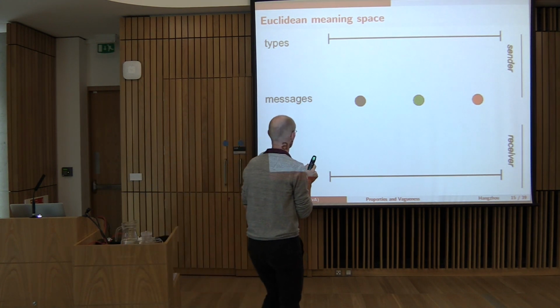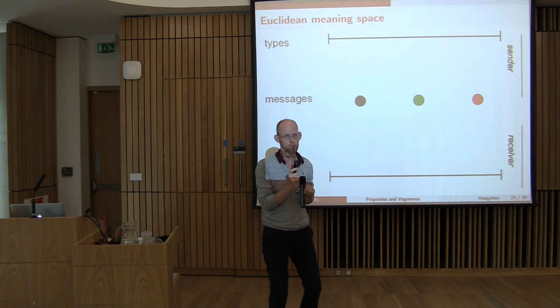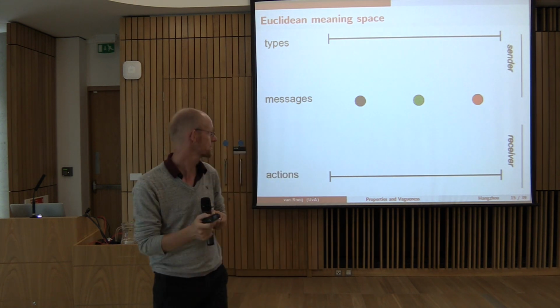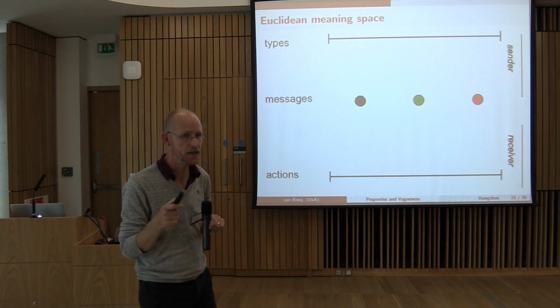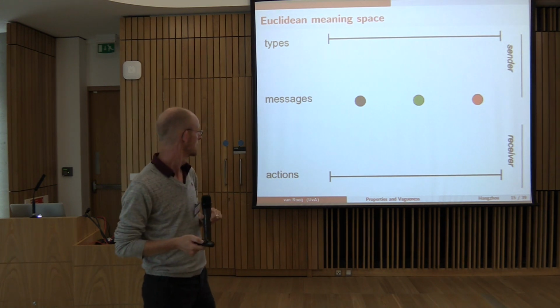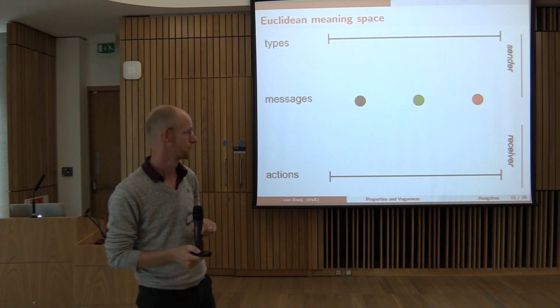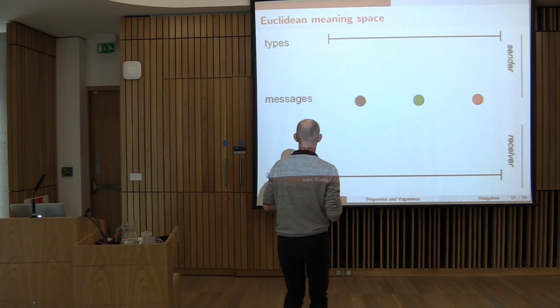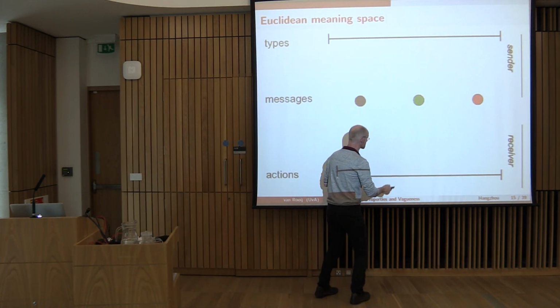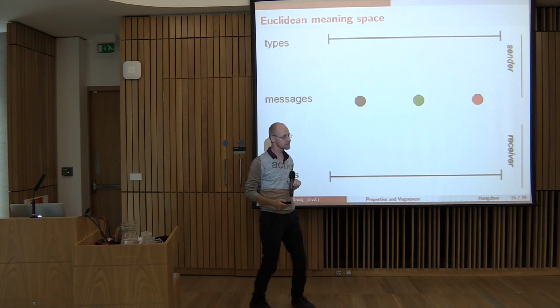However, there are only three messages: boo, ba, and blee, or in this case, just for educational purposes, black, green, and red. It doesn't matter. We have also infinitely many actions, just like the meanings.